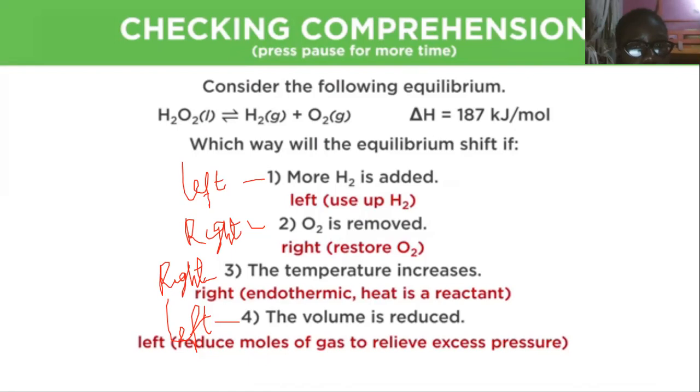Now equilibrium shifts to the right to favor the endothermic reaction. Awesome. And the other one for volume, reduced volume is the same thing as increase in pressure. So equilibrium shifts to the left, to the place with fewer moles. That's awesome. Okay.